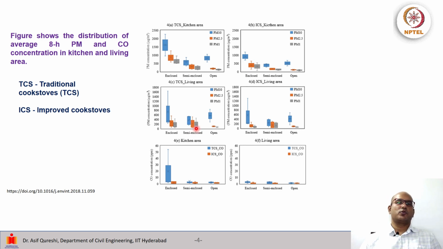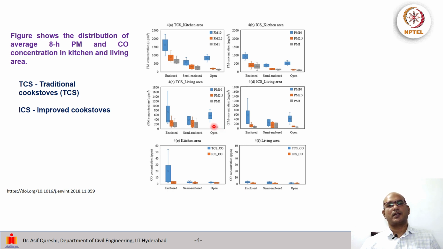The living room has more people's movement, so the people movement itself might resuspend the dust from the floor or from the carpets or the upholstery. So that is why we do not have a lot of difference in the living rooms between enclosed and semi-enclosed kitchens. Although when we look at the open kitchen, there is a substantial difference.